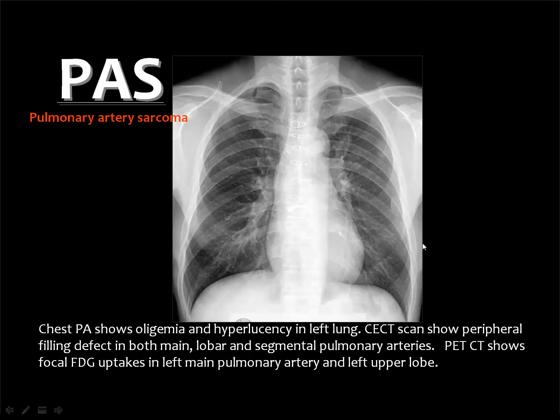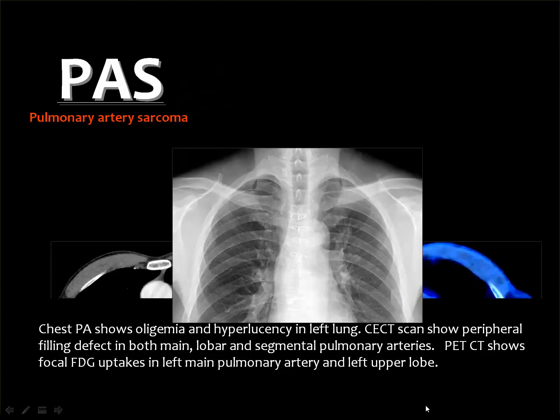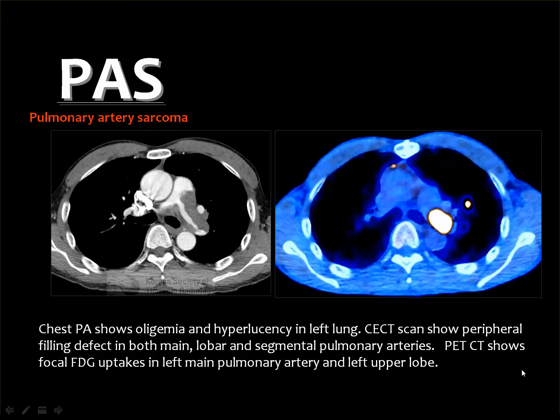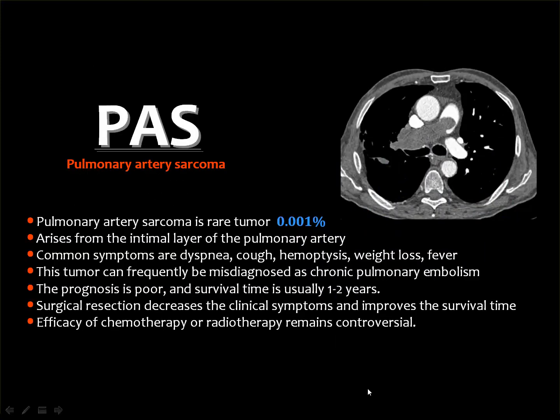Of course, in the plain film, you are not able to see what's going on in the pulmonary circulation, but in the CT pulmonary angiography and PET CT, you see a lesion which is almost similar to the pulmonary embolism, but it shows significant metabolic activity, denoting that it is a neoplasm, not a bland thrombus.